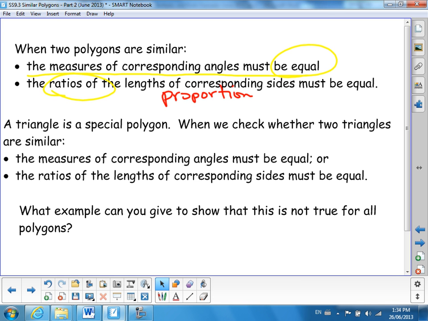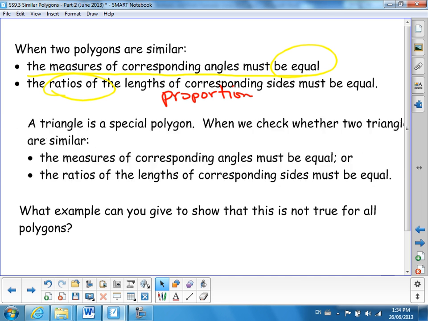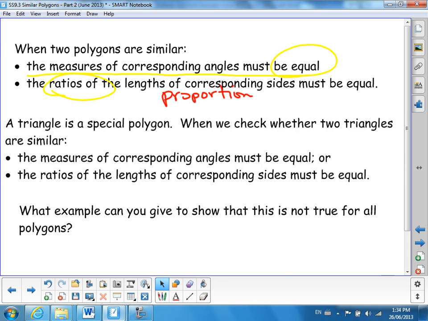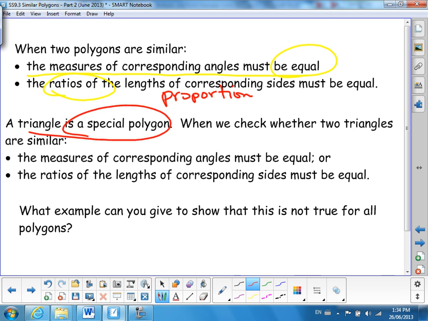But a triangle is a special polygon. And what that means is that we have an OR in here. So for a polygon, you have to have both the angles equal and the ratios in proportion.